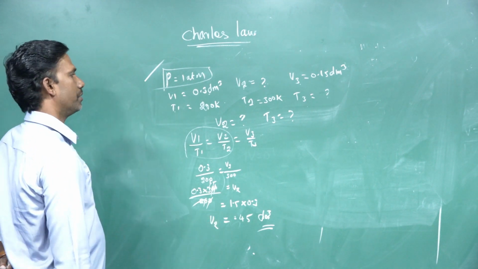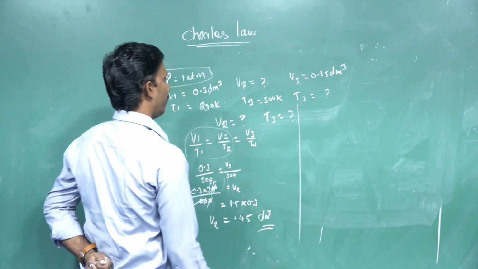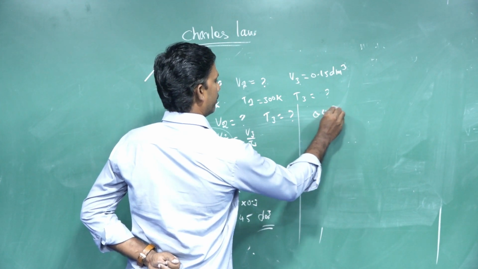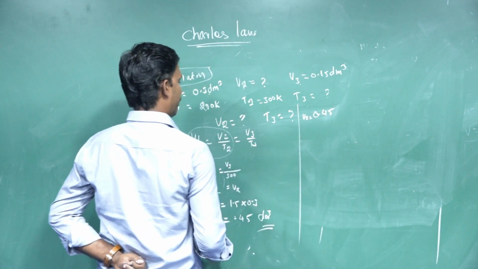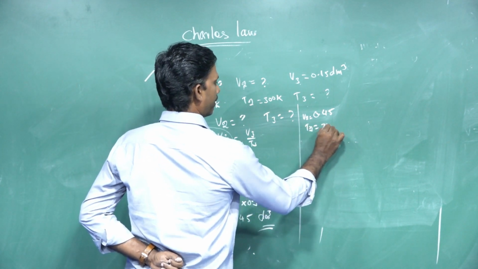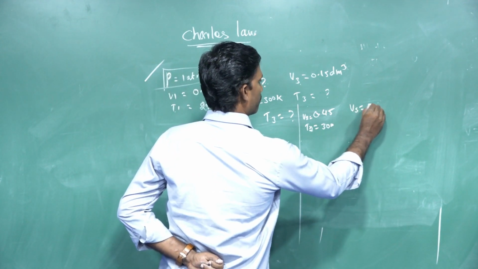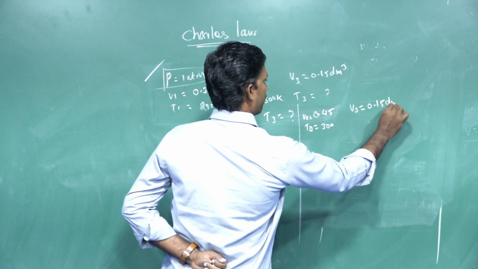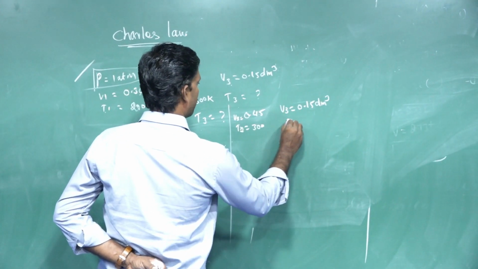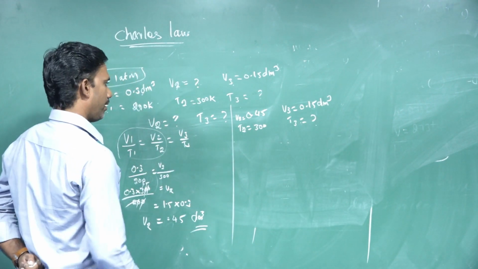Then we need to find the solution for T3. What data do we have now? V2 is already found, 0.45, from the first solution. T2 is given in the question itself, 300. V3 is given in the question, 0.15 decimeter cube. T3 needs to be found.